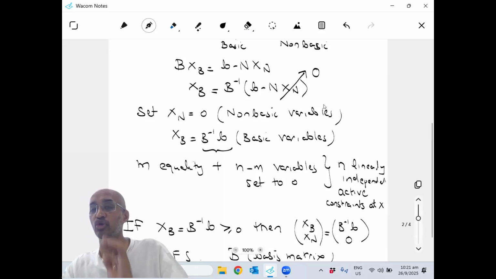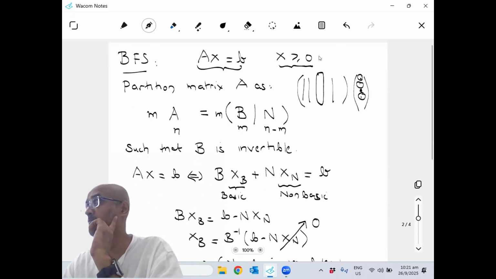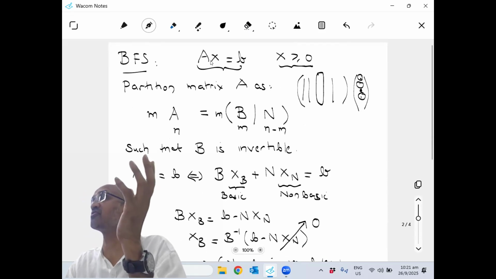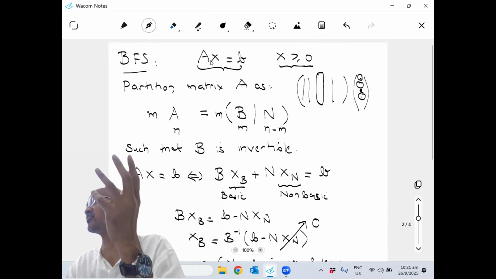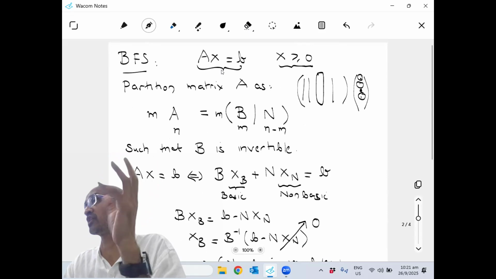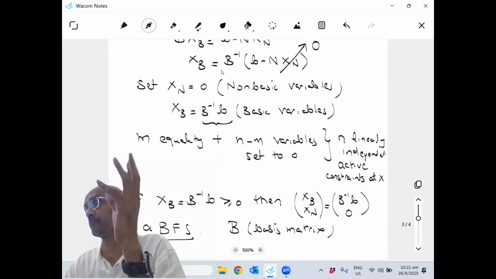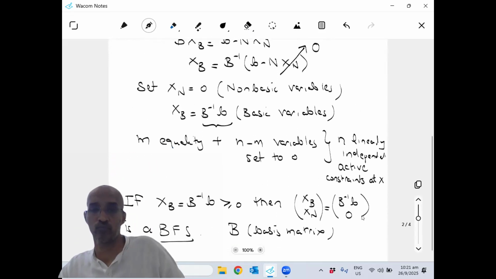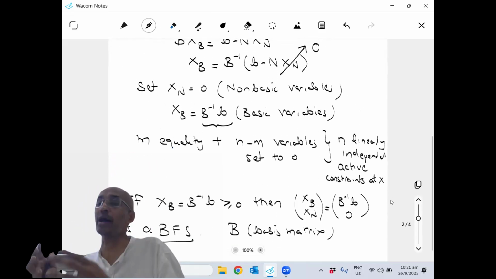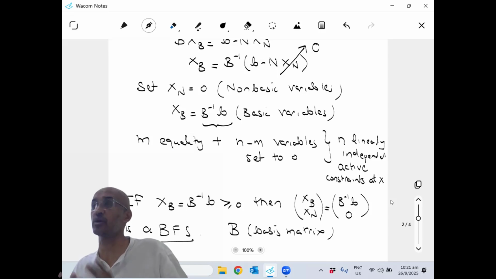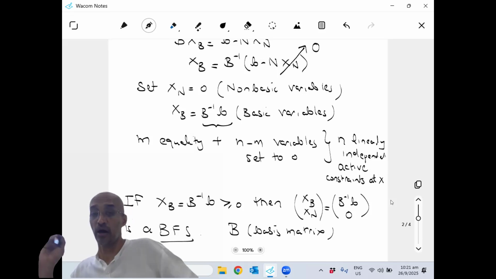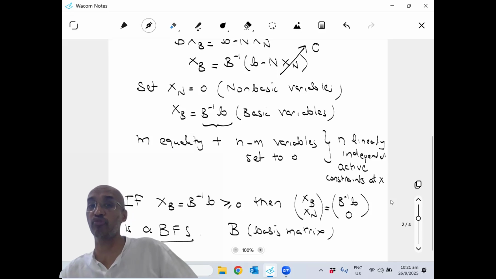I set Xn to be zeros. And then the remaining XBs are uniquely determined because B is invertible. So there's no other way to find XBs basically. So we require n linearly independent active constraints at a point for it to be a basic solution. One thing important, of course, is it also has to be feasible.